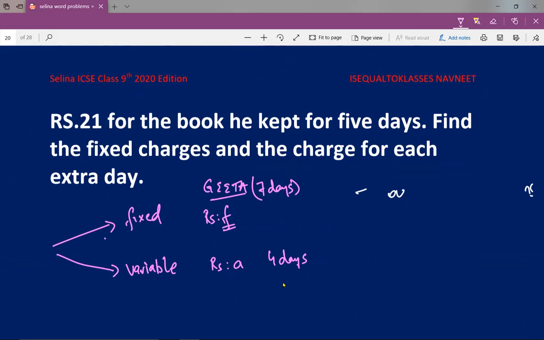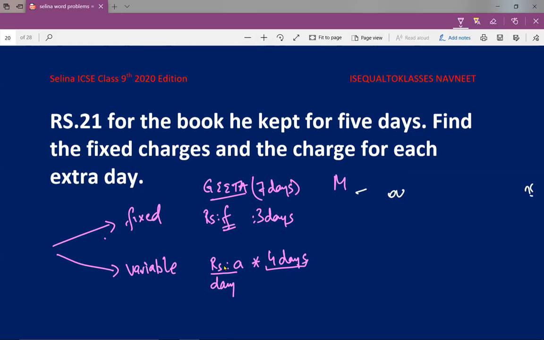This charge is for 3 days, and this is fixed. This charge, rupees A, depends upon the extra 4 days. So this additional charge is actually rupees per day. I hope you are getting the logic.